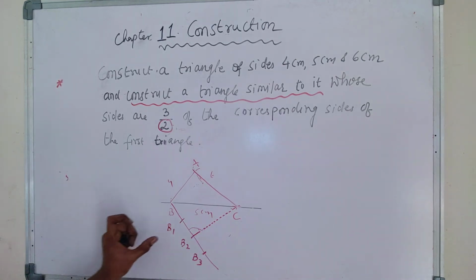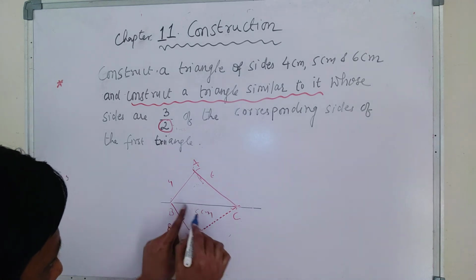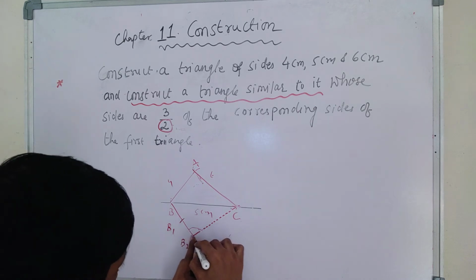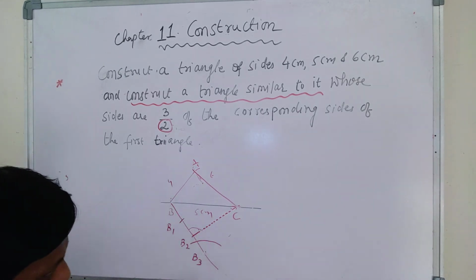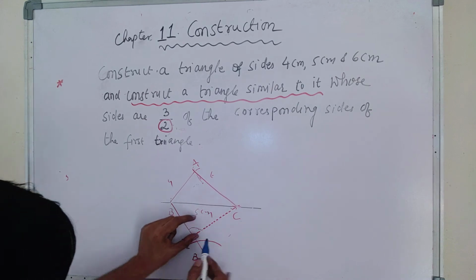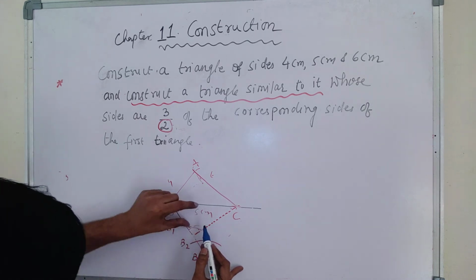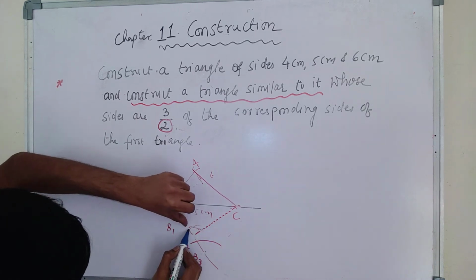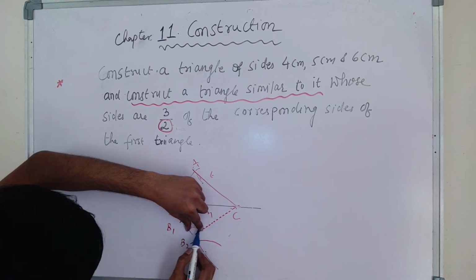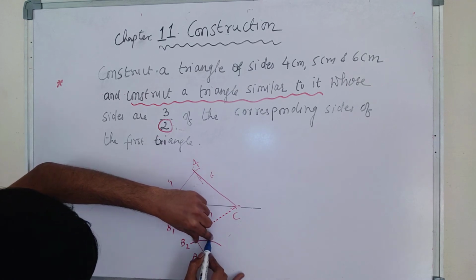So again, I'll keep my compass at B2 and I will stretch it accordingly, and wherever it cuts this ray, you cut it. Now you measure the angle between these two. You keep your compass here and the pencil head here, and you will get an idea of the gap between these two, and the same should come here.